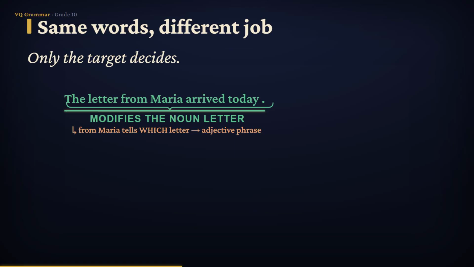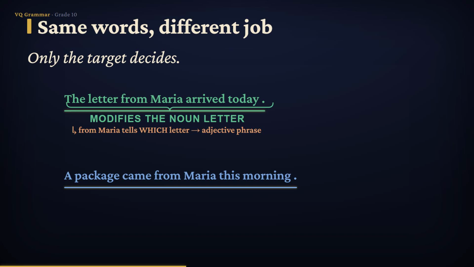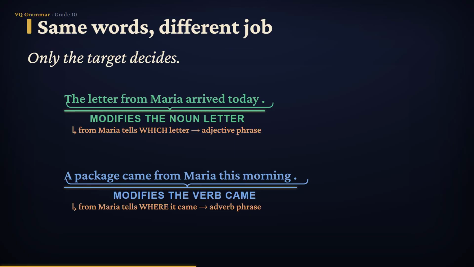That makes it an adjective phrase. Now sentence 2. A package came from Maria this morning. Same three words, from Maria, but this time the phrase tells us where the package came from. It is modifying the verb came, and that makes it an adverb phrase.